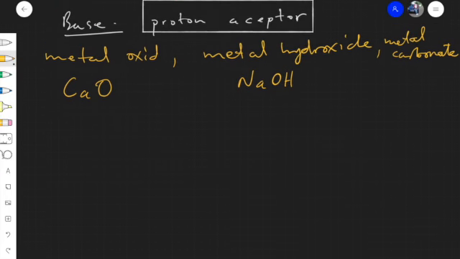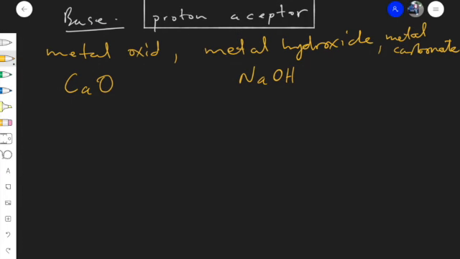What makes a base? What makes this a base is not the metal bit, it is actually the non-metal bit. We said that it accepts a hydrogen ion, or a proton.